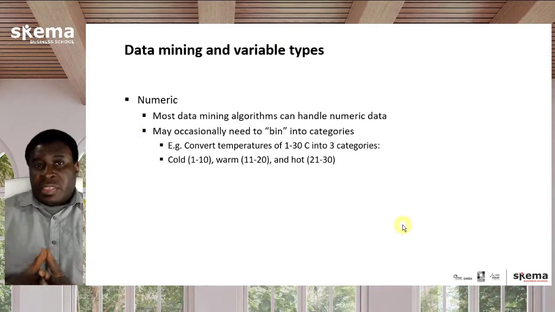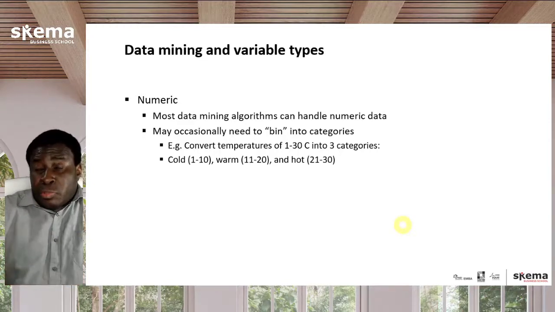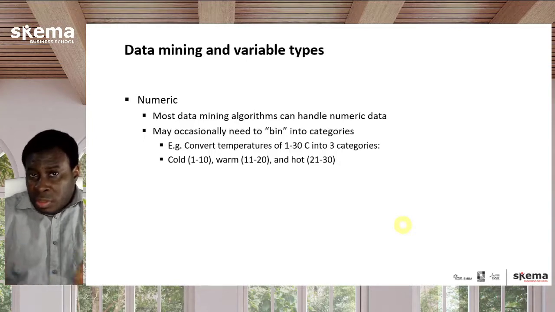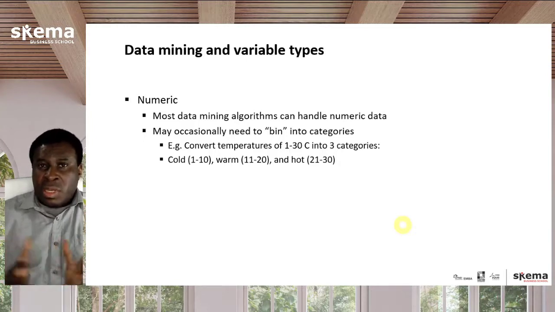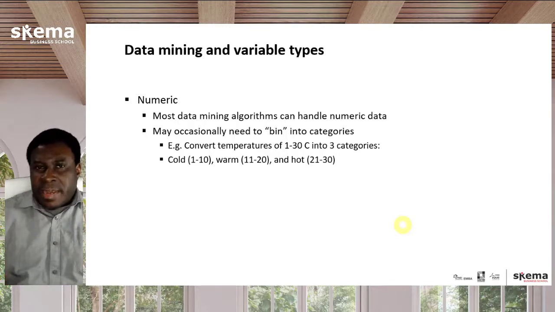So an example of this is maybe you're working with a shop, like a coffee shop or a snack shop, and you're trying to predict at what temperatures more customers come to your shop. So when you do your analysis, and suppose your temperatures range from 0 degrees Celsius to 30 degrees Celsius, maybe your data analysis is not finding any relationships.